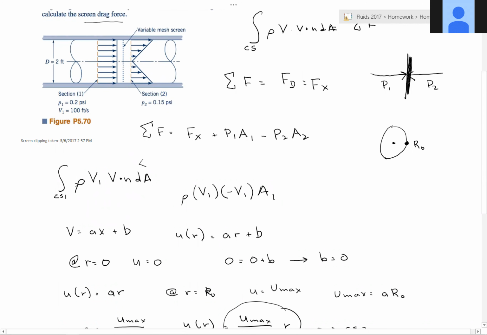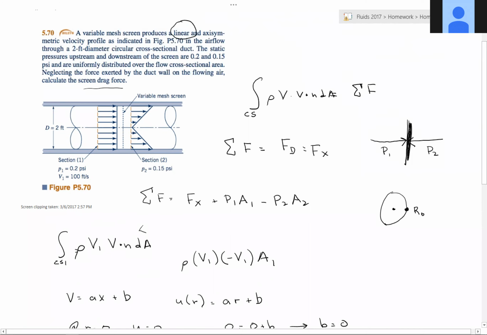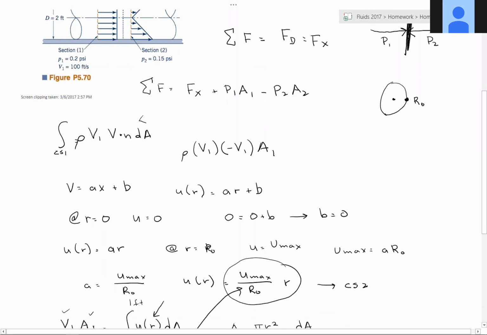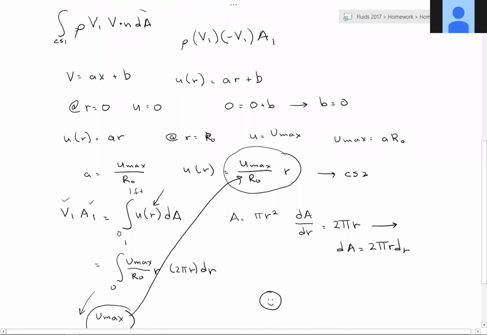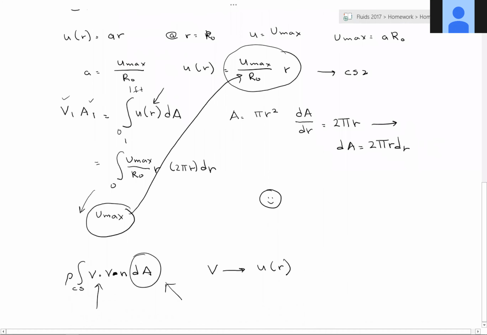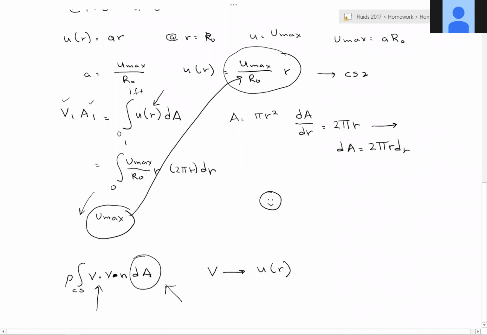The main thing to think about here is to figure out that velocity profile. Is there a v squared in the integral? Absolutely, because there's a v here, and then there's this v dot n.